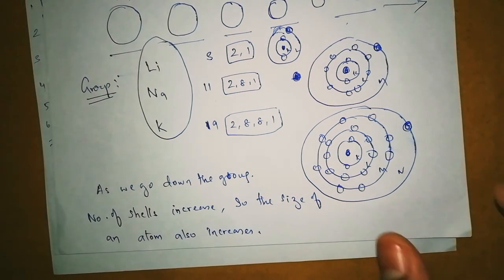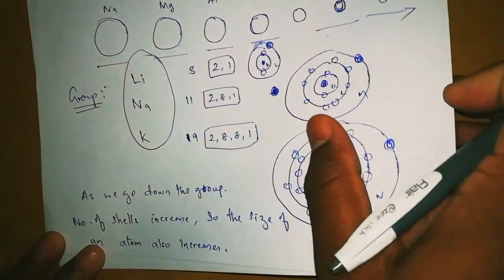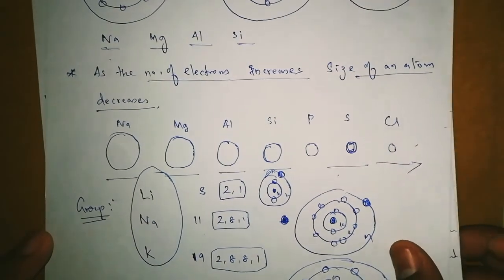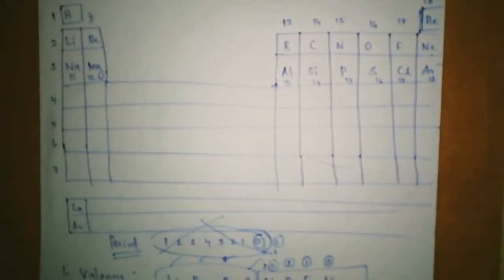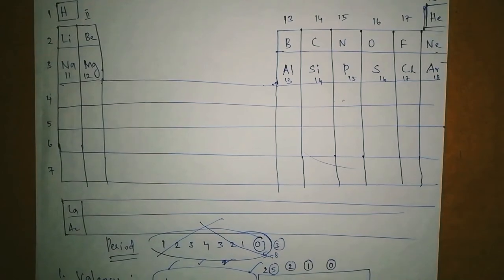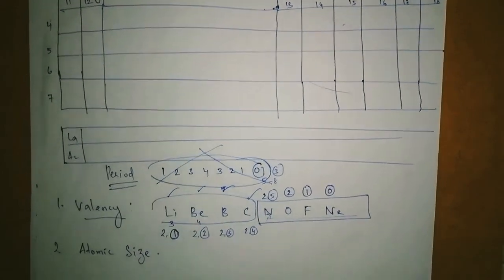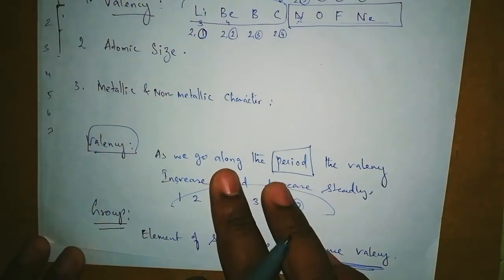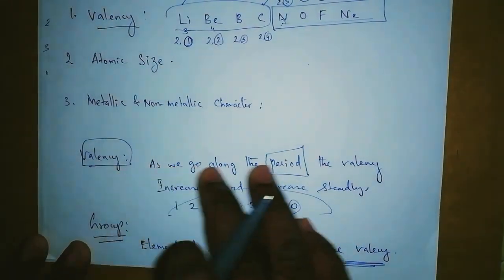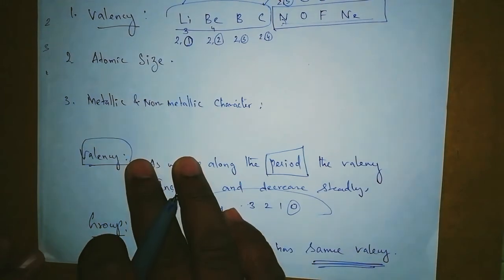Okay, student. Today we learned a few things which are very important for us. One thing is what the periodic table is made up of: S block, P block, D block, and F block elements. And mainly we have learned two things today. One is valency, how the valency of elements varies along the period as well as in the group.